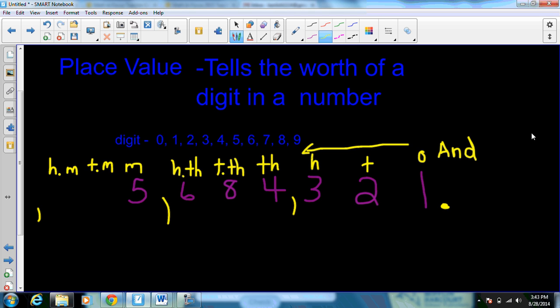Now, place value not only tells you the worth. If I look at this digit 5 in this number, 5 million, then I'll know that this 5 is really worth 5 million because it's in the millions place. So if I was going to write the standard form, which is the regular way we write numbers, then I would just write 5 million.